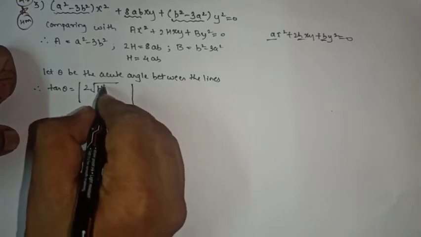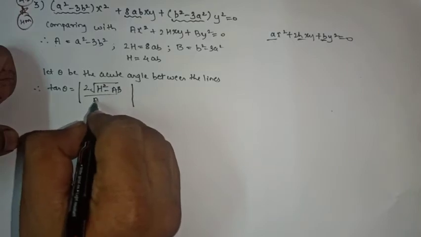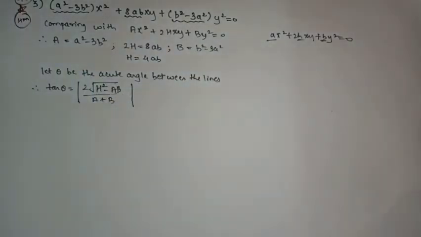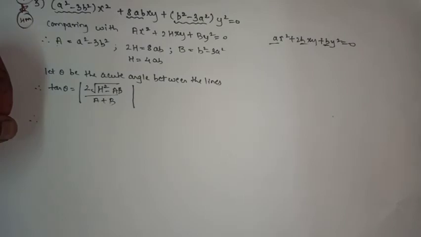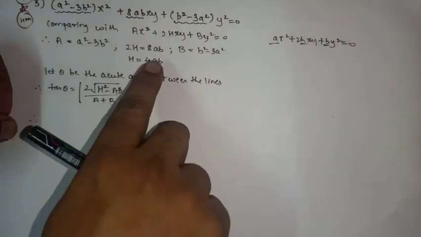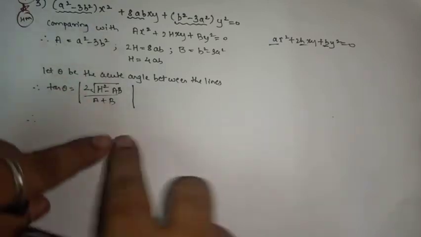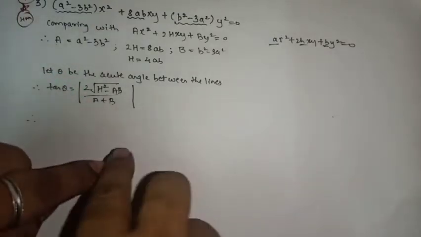So here it will be h square minus ab upon a plus b. So simply you will substitute the value of a, h and b. Now remember, when you substitute the value of h, a and b, this part will be very big, yes or no? So the solving part will be difficult here.